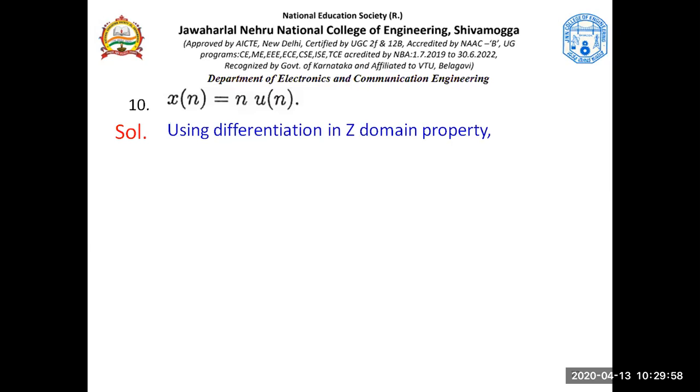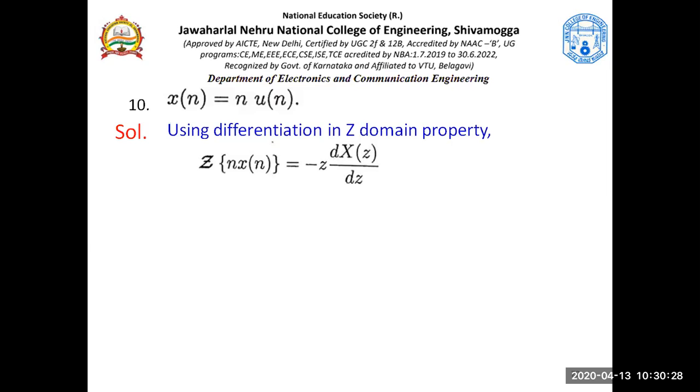How does this property look like? It's very similar to the properties that we have seen in Laplace transform in network analysis. The same properties are being applied in z domain. So the property that needs to be used here is differentiation in z domain.